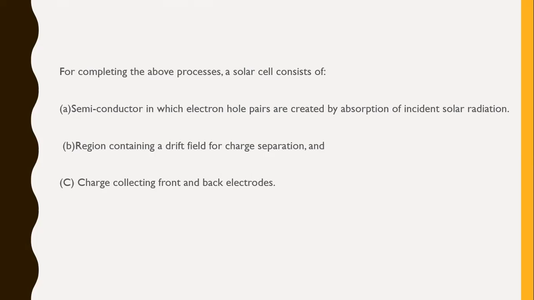And the third one is charge collecting front and back electrodes. On both front and back sides there should be electrodes, which are used for collecting and transporting the charge.